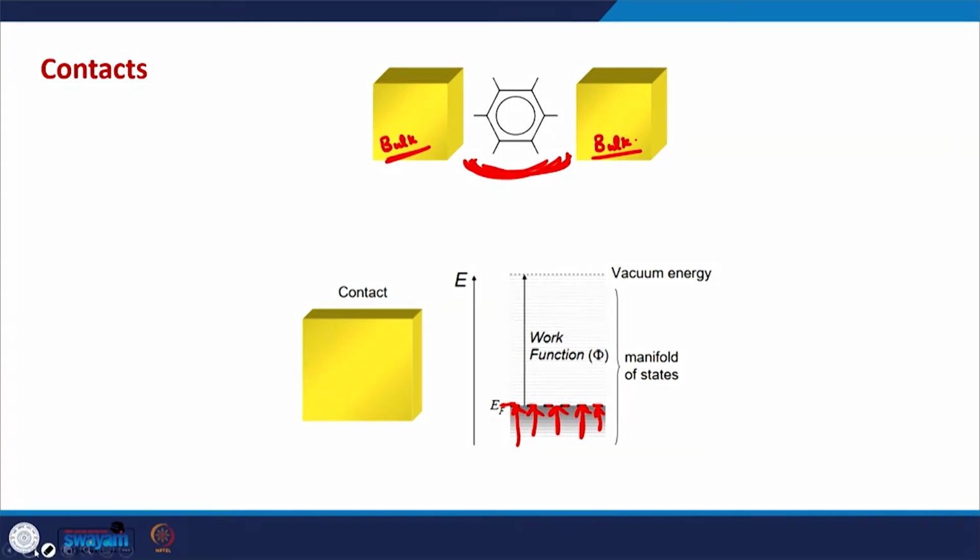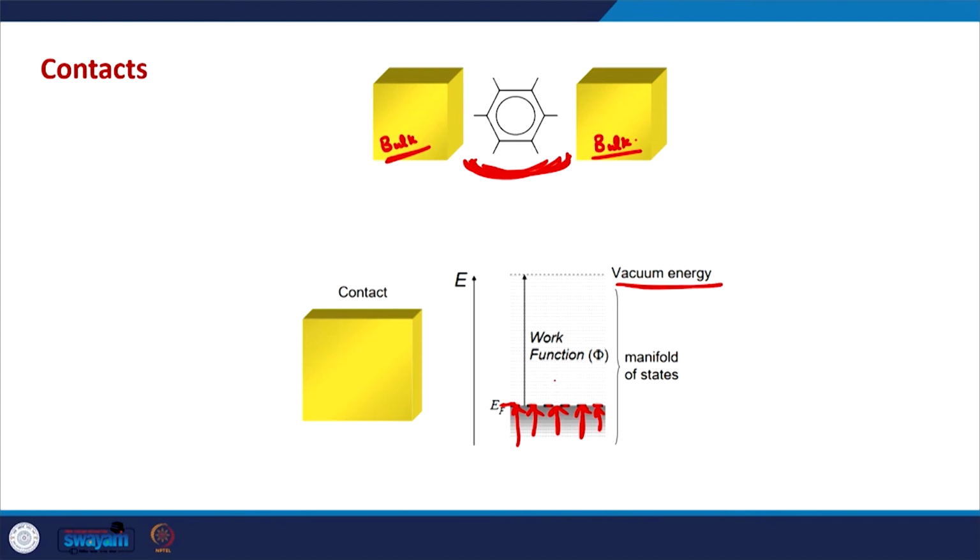Okay. And the energy required to take out an electron from the metal to vacuum, which means to free an electron, is known as the work function. So, the difference between the vacuum energy level and the Fermi level is the work function of the metal.